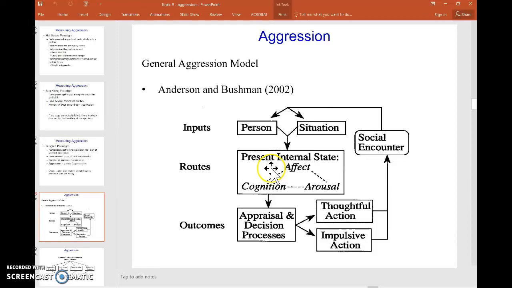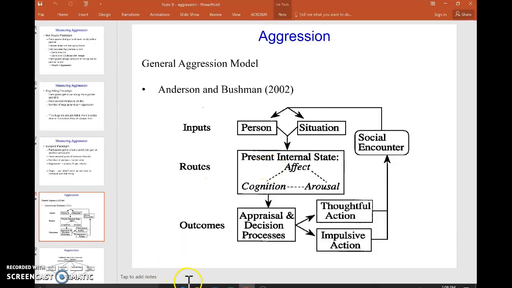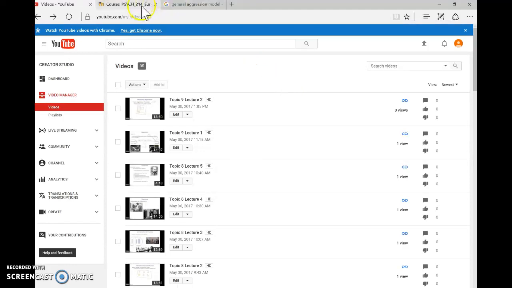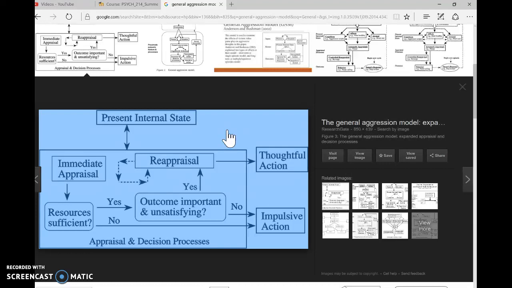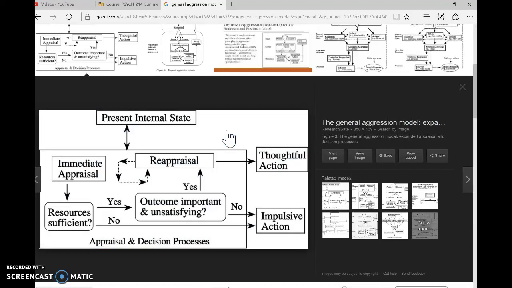Sorry, I have to make that small. And I know you guys have seen this before. Appraisal and decision processes are that. That thing right there, this picture. You've seen this before.